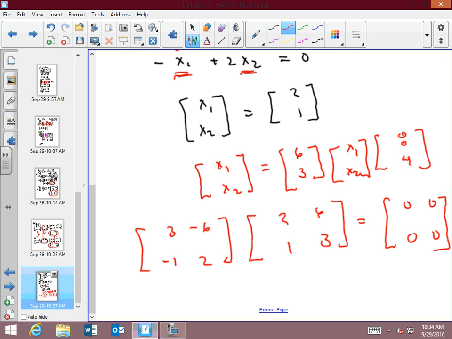But if you do any of those columns with a ratio of 2 to 1, it'll come out right. I mean, you could have a 2, 1, 8, 4, or you could have a 6, 3, 8, 4. As long as it was in that combination, that would get you the 0 matrix.